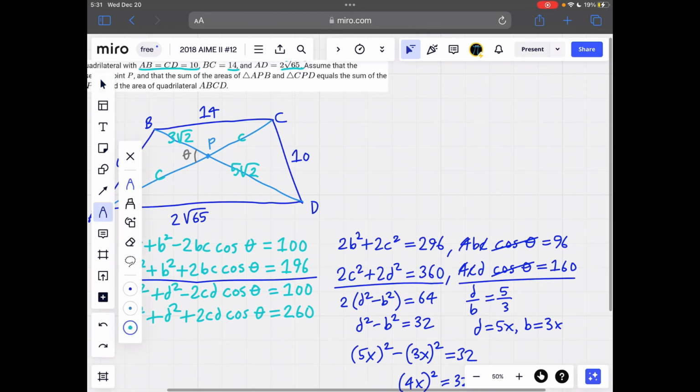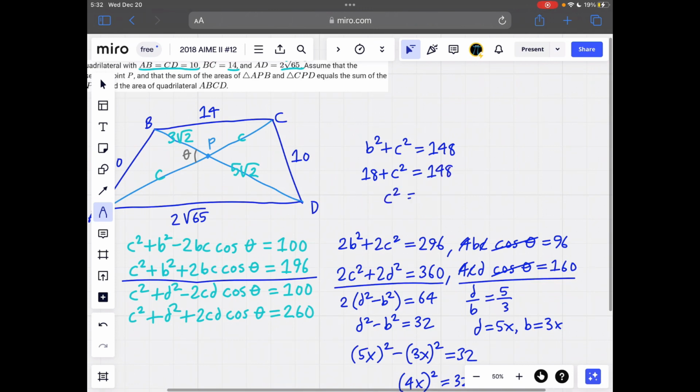So substituting the values of b and d that we found, we get that b squared plus c squared is equal to 148. So since b squared is 3 root 2 squared, which is 18, we have 18 plus c squared is 148. And therefore c squared is 130. And that gives c is equal to the square root of 130.